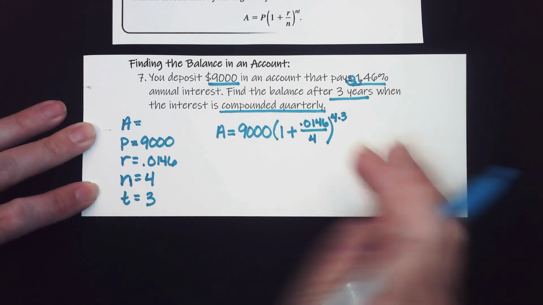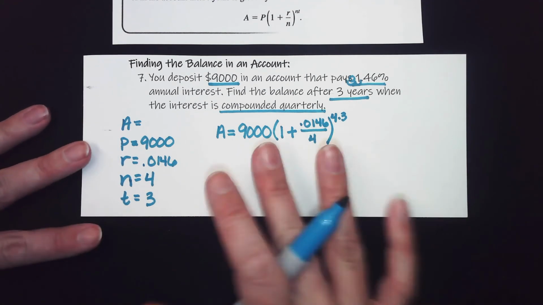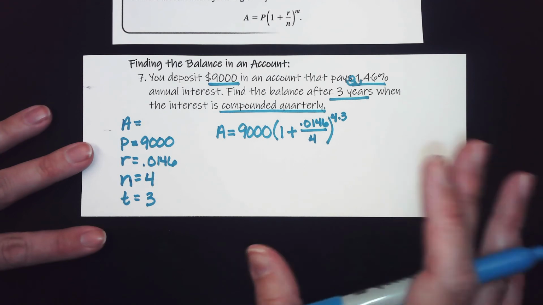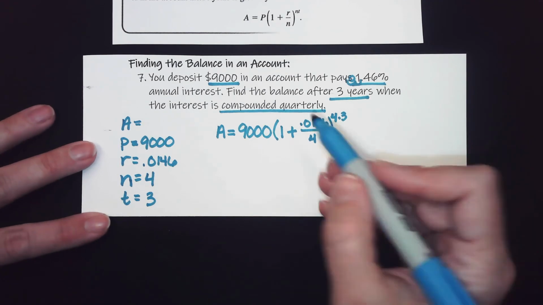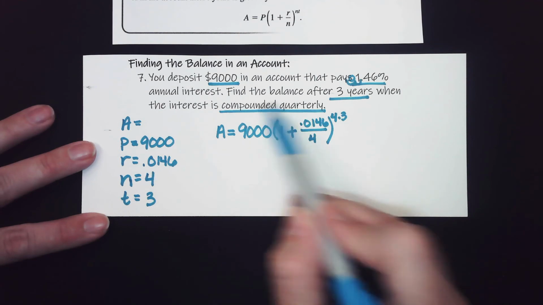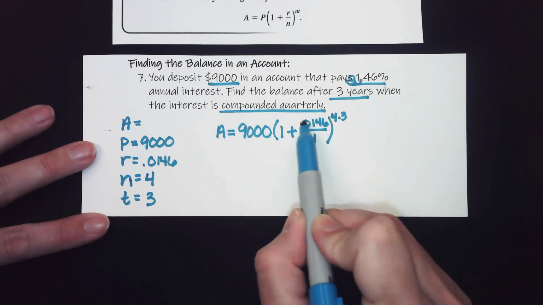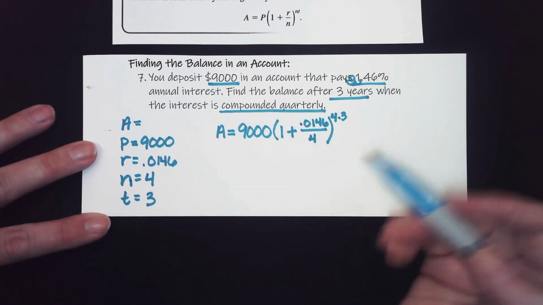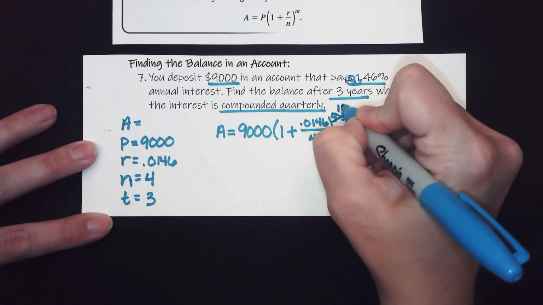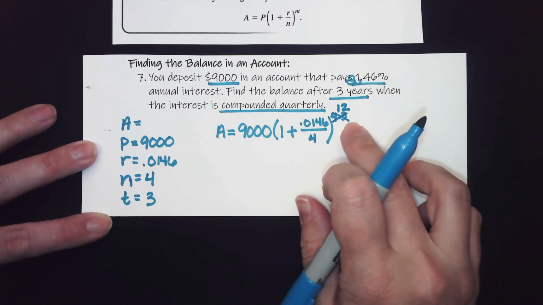All right, now I like to simplify this a little bit before I start plugging things in my calculator, just so you don't make little mistakes. Later, when we start solving for something different, you will want to go ahead and simplify it, but we can leave this. But I do want to do the 4 times 3, and we know 4 times 3 is 12. So my power is actually 12.